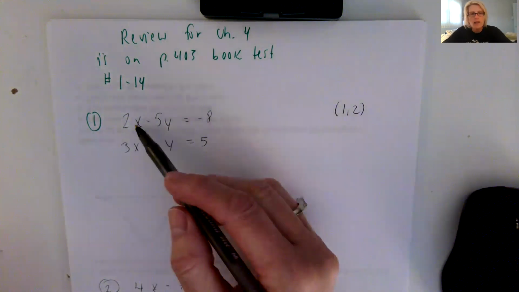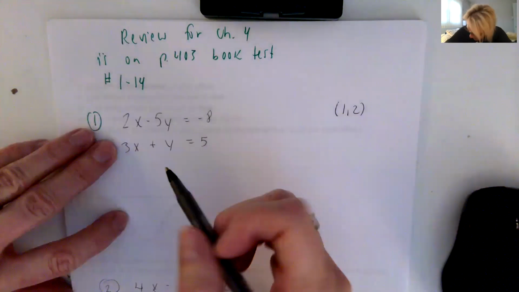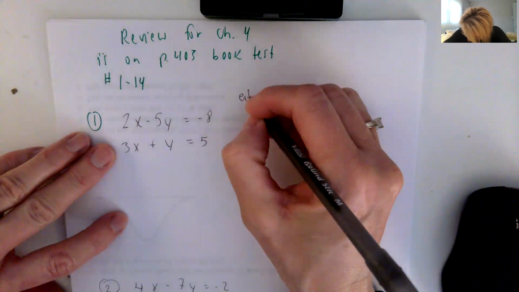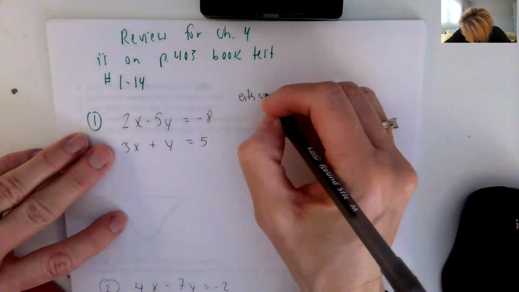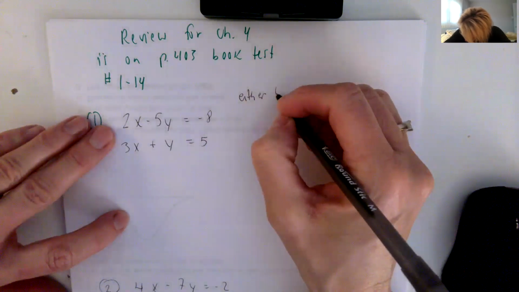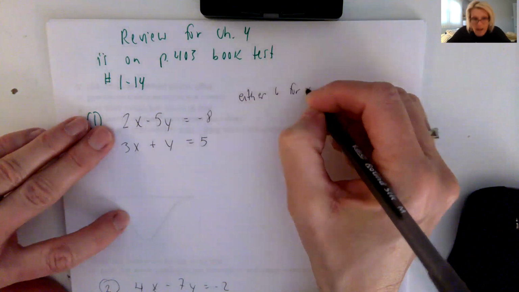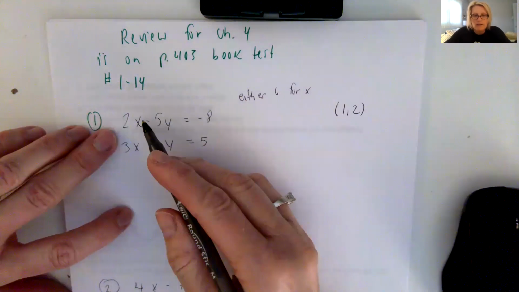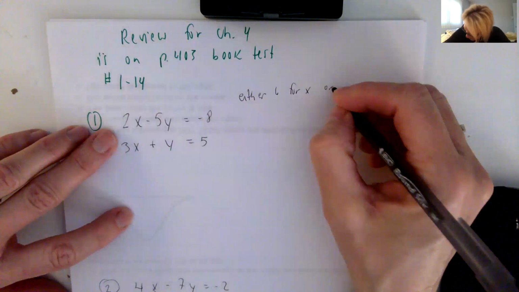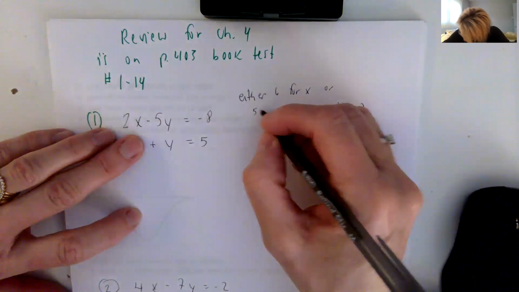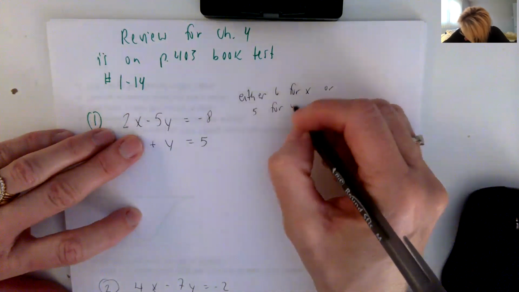Okay, so we can either get to a multiple of x, so we could use 6 for x, because 2 times 3 is 6, or we could use 5 for y.